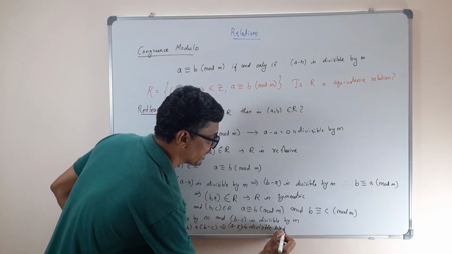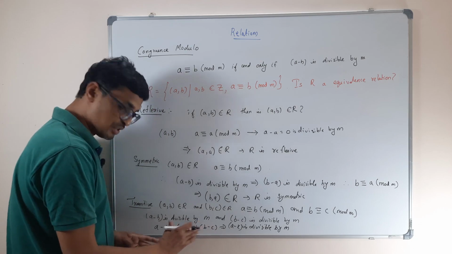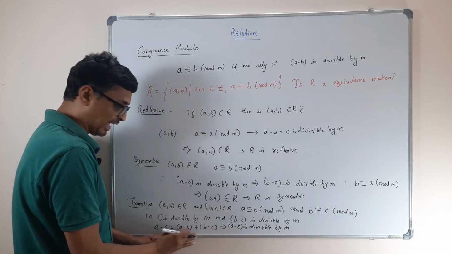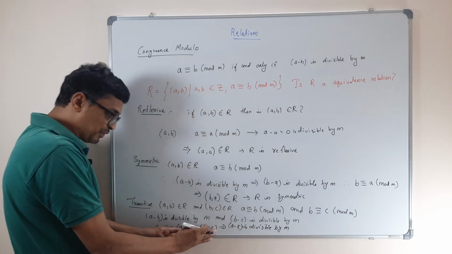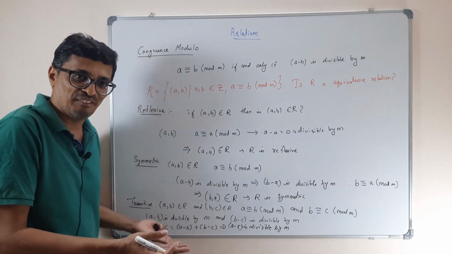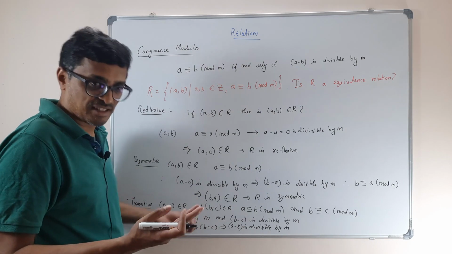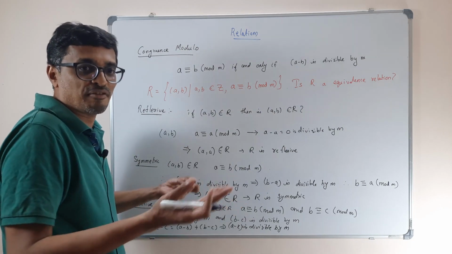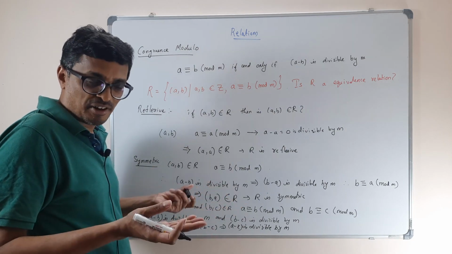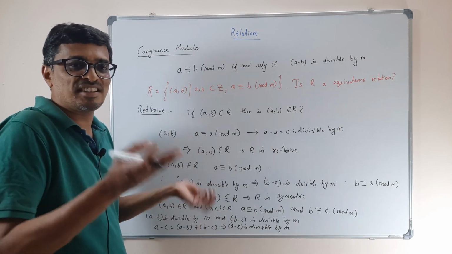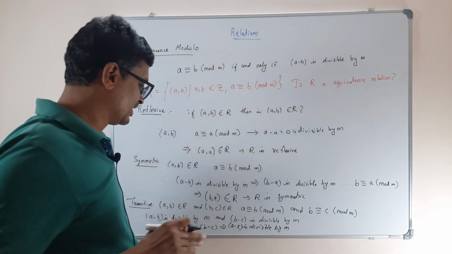But this is divisible by m and this is also divisible by m, so of course, both sum also has to be divisible by m. Something like 5 plus 10: if 5 is divisible by 5 and 10 is divisible by 5, then 5 plus 10 is also divisible by 5. Correct?